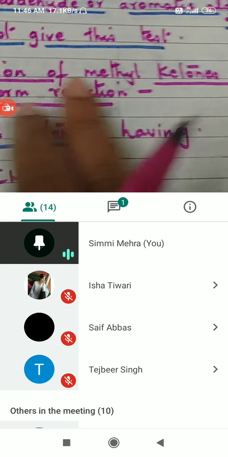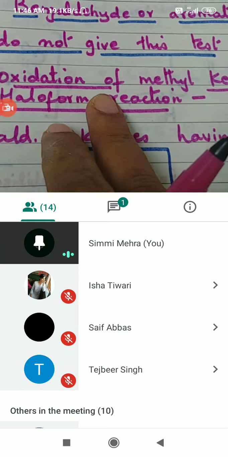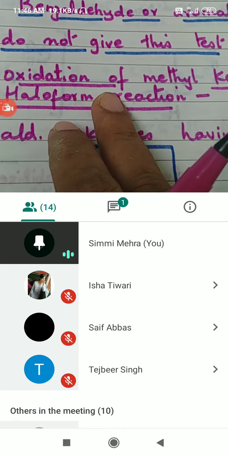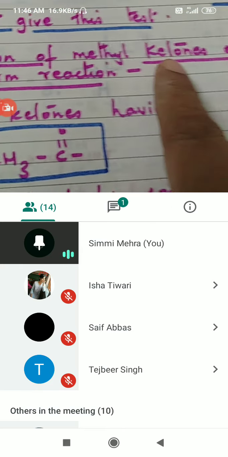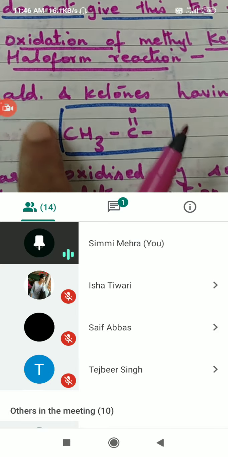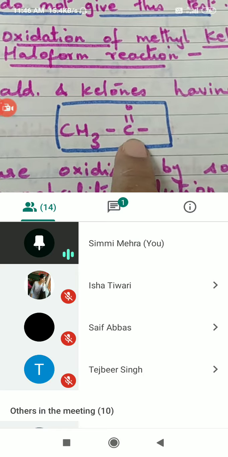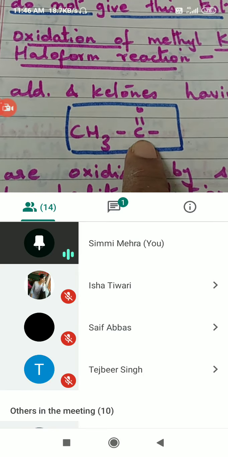Now, oxidation of methyl ketones. Under oxidation, we also come across a very typical and very, very important reaction, and that is oxidation of methyl ketones. Now, what are methyl ketones? Here we have a methyl group attached to a carbonyl group.